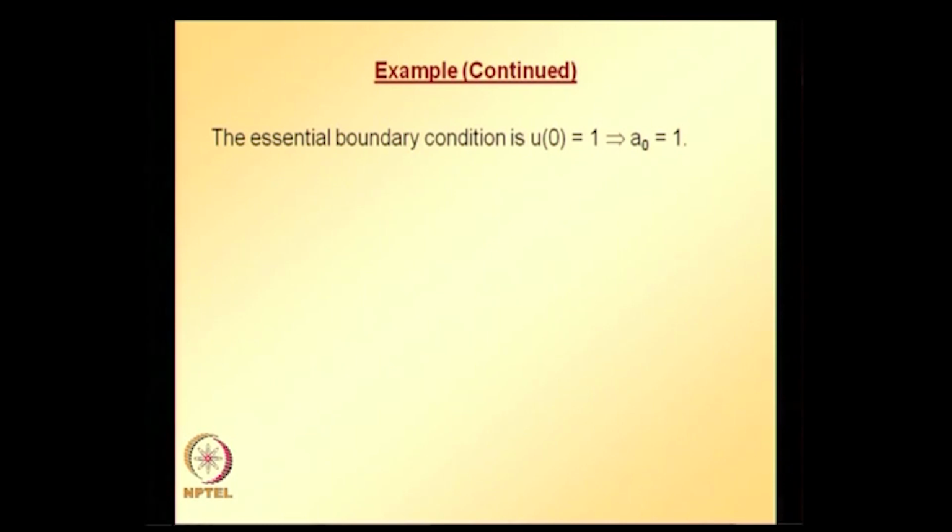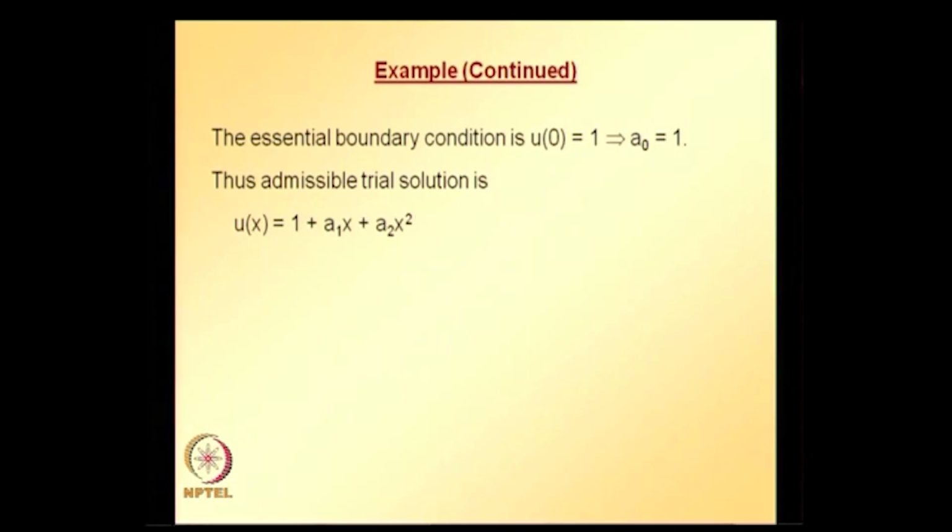Okay. So in the given quadratic trial solution, u is equal to a naught plus a1x plus a2x square, you substitute the essential boundary condition, that is u evaluated at x is equal to 0 is 1. That leads to the condition a naught is equal to 1. So your admissible trial solution becomes 1 plus a1x plus a2x square.